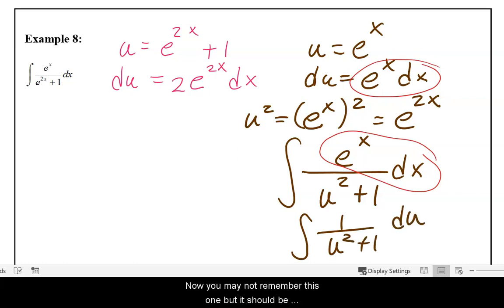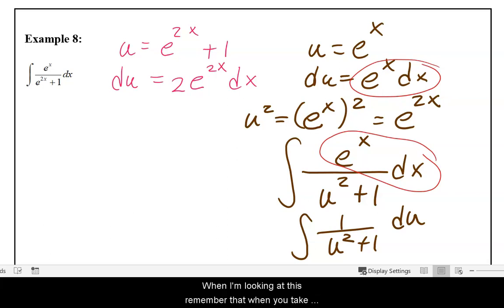Now, you may not remember this one, but it should be ringing a faint bell. You may or may not have covered these yet. If you haven't covered them yet, come back to this one later in a few more days after you've looked at inverse trig integrals, because that's what you have. This is arctangent of u.